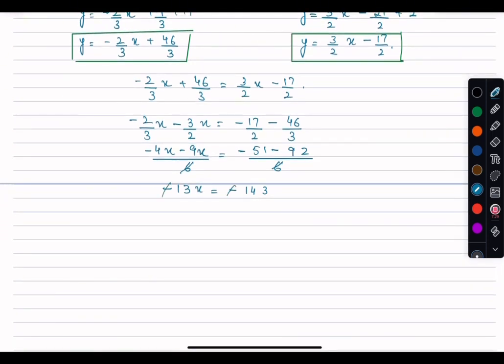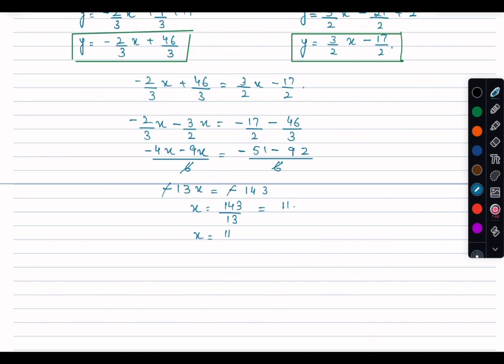The negatives get eliminated and x will be equal to 143 divided by 13, which is equal to 11. So x then will be equal to 11, meaning the x coordinate of the point X is going to be 11.